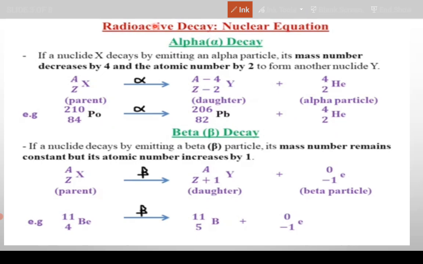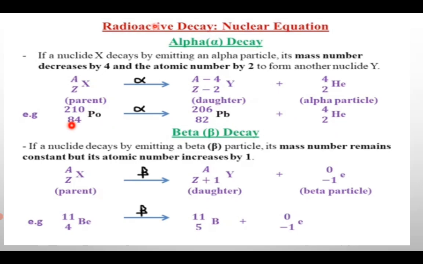However, if an element decays by emitting a beta particle, the mass number remains the same, but its atomic number increases by 1.